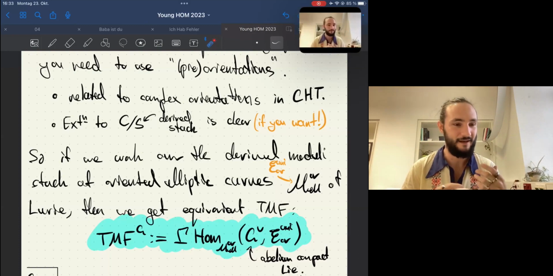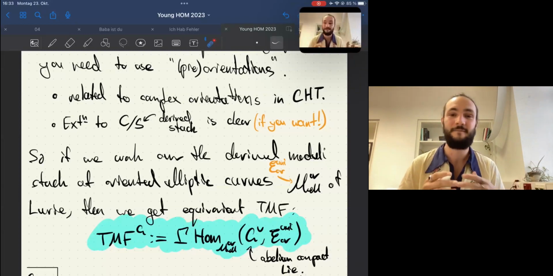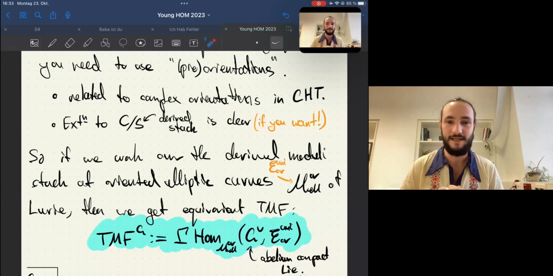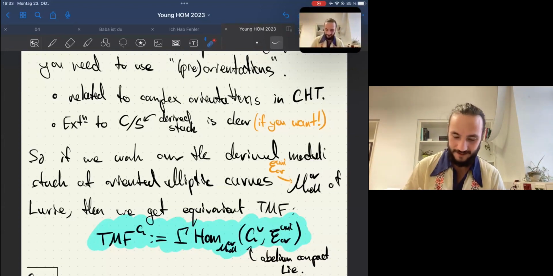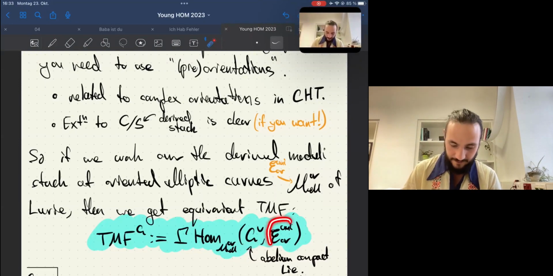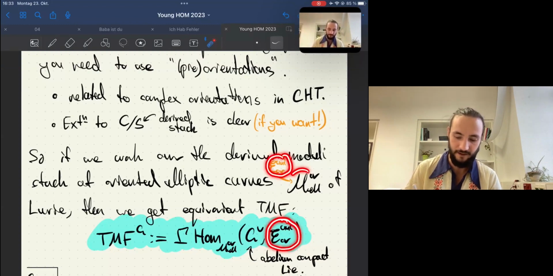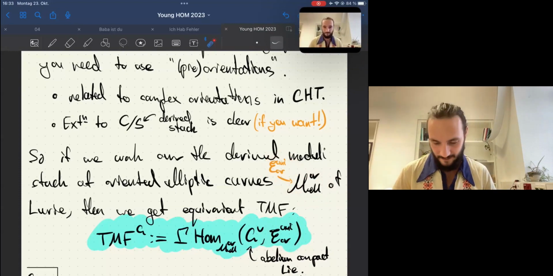In other words, abelian objects in any category are tensored over abelian objects in spaces, and then you can just shove in your abelian object in spaces here. So that's how we view that. And the target in this case for TMF is you put in the universal elliptic curve, which lives over this moduli of elliptic curves. No worries.